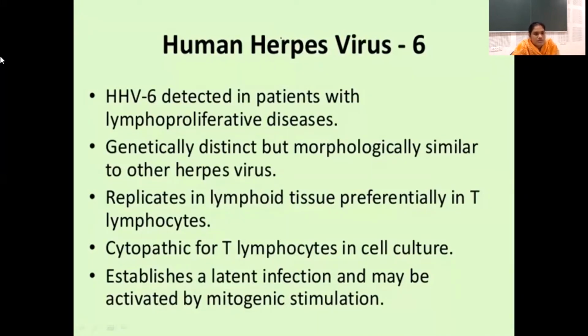Then the human herpes virus 6. It is detected in patients with lymphoproliferative diseases, genetically distinct but morphologically similar to the other herpes viruses. It replicates in the lymphoid tissues, preferentially in the T lymphocytes.